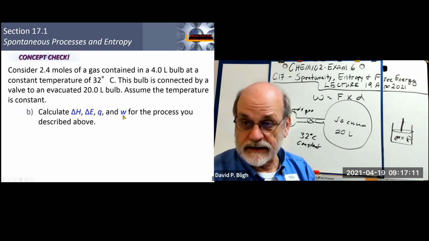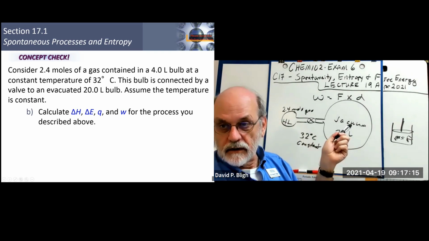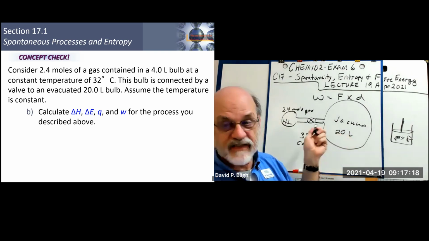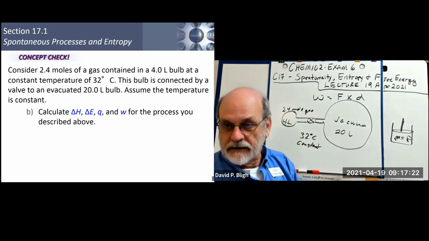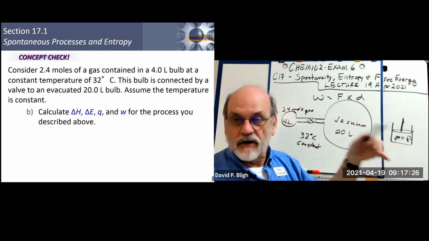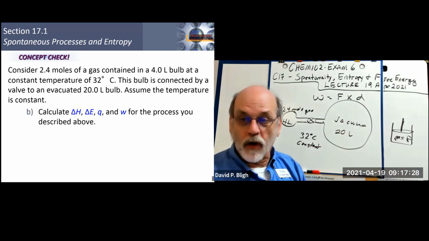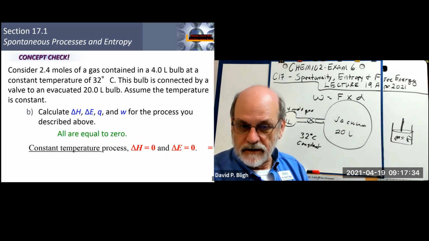W, has any work been done? The gas just moved, right? It didn't apply a force to anything. It just moved from here to there, right? No piston moved. We were not able to sense or evaluate any work being done. So all those values are zero, right?